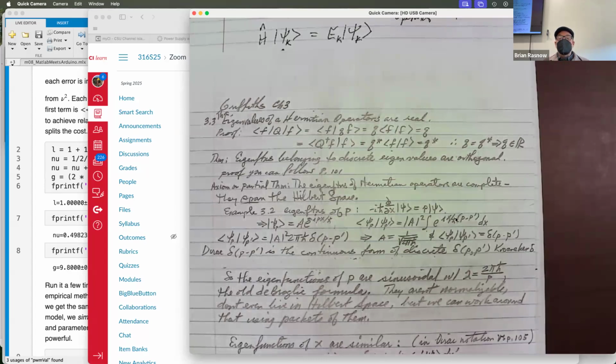That's going to equal the integral of e to the ix over h bar times (p minus p prime) dx, and this thing is a Dirac delta function. And that's the definition of orthogonal.